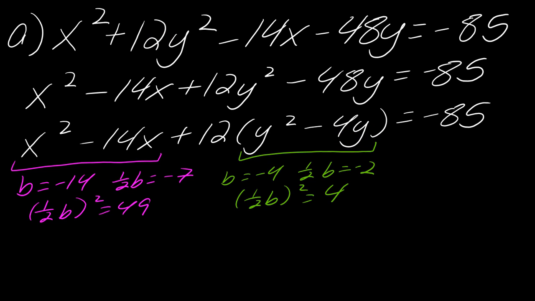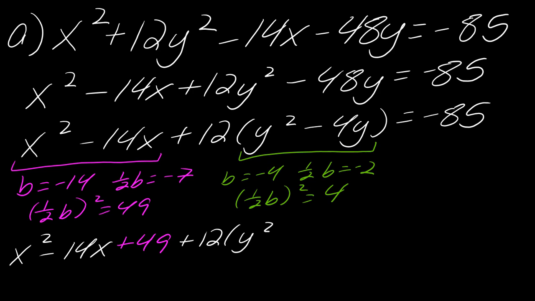So let's start by doing that, and then I can show you the curveball with this. So I've got x squared minus 14x, and then plus 49. Okay, so that's for my x's. And then I've got plus 12 times y squared minus 4y plus 4.